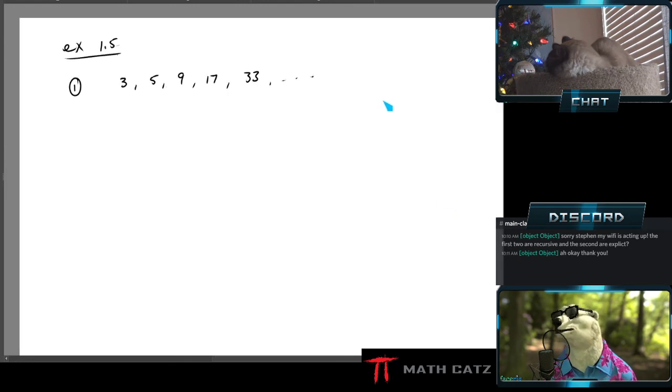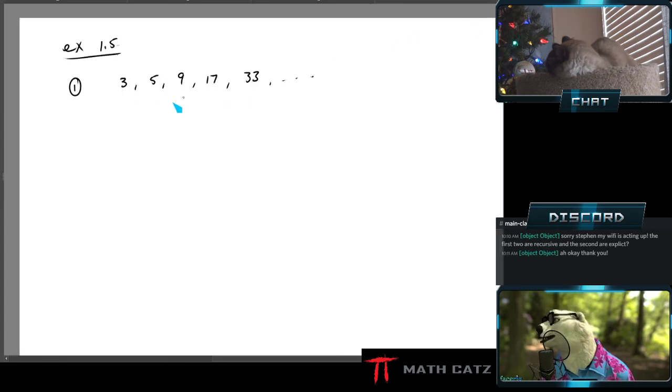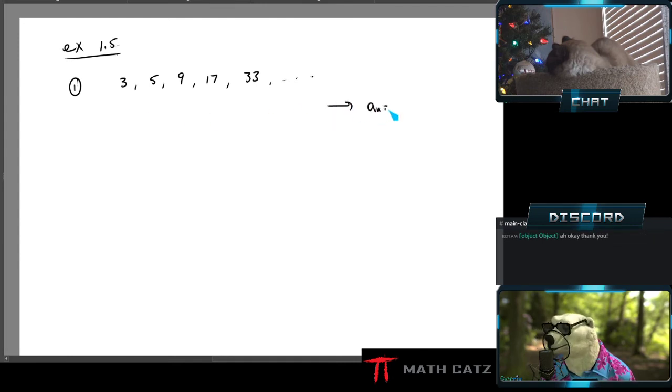formulas. So I'll give you a clue here for the first one. If I look at this very first sequence, the powers of 2, and just write it underneath. So let's say over here, I'm going to write my powers of 2, which has that formula.